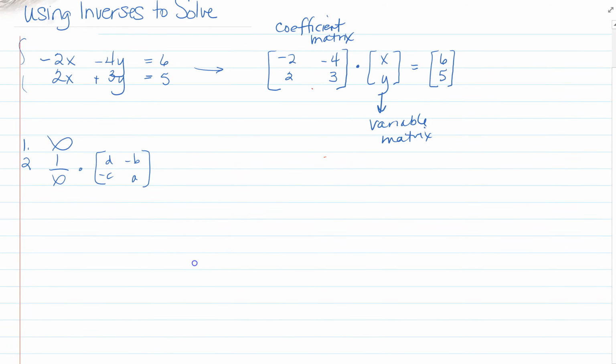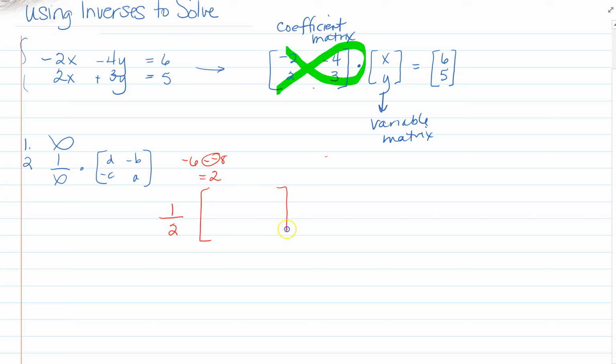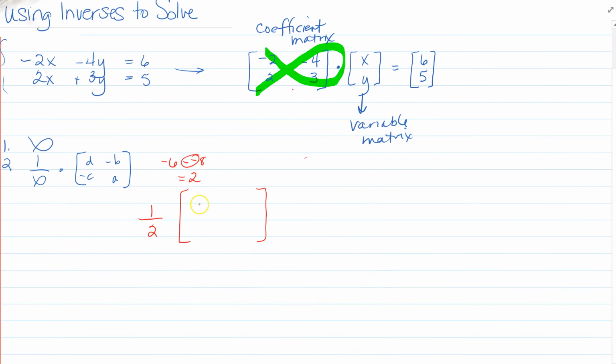So let's do step 1. If I have this -2, -4, 2, 3, I'm going to take -2 times 3, which is -6, minus -8. So -6 minus -8, isn't that 2? And I believe it is. So that was step 1. Step 2 is to do 1 over 2 times, I'm going to take this matrix, and these two are going to switch places.